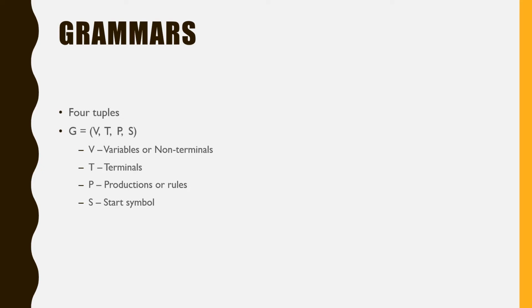So a grammar has 4 tuples. We call them V, T, P, and S. V stands for variables or non-terminals, and they are usually represented as uppercase alphabets: A, B, or X, Y, and so on.